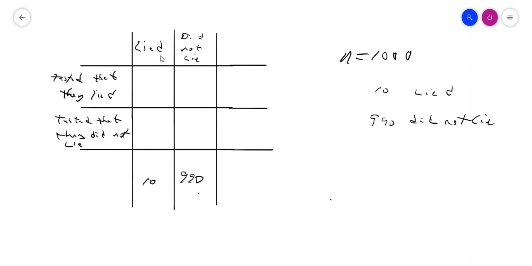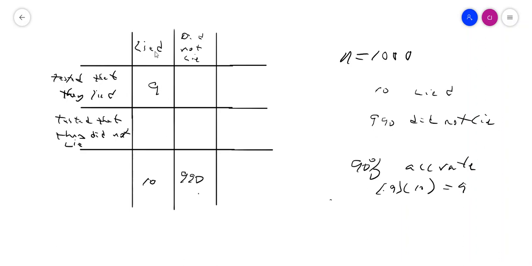So if we want to say, okay, let's test the ones that lied. Tested that they lied. Well, it's only going to test 90% of these, right? That it lied correctly. So 90% accurate, right? So in other words, 90%, 0.9 times 10 is going to give me 9.